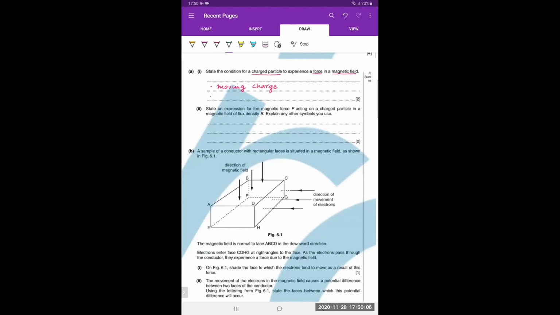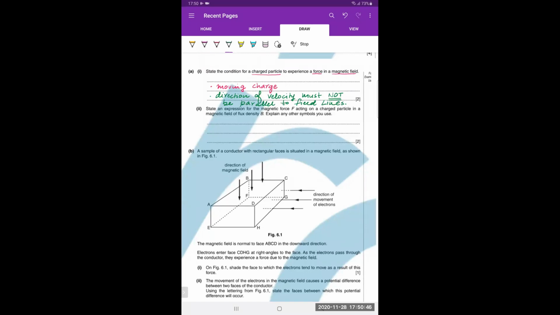Second point, its direction of velocity must not be parallel to the field lines. Okay, so the charged particle must be in motion. And the second point, the direction of velocity should not be parallel to the field lines. Okay, otherwise force 0 हो जाएगा.